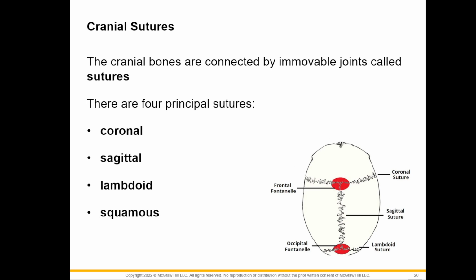Now, yung convergence of the different sutures, we call that fontanelle. So, where the coronal suture meets the sagittal suture, you call that the frontal fontanelle. And where the lambdoid suture meets the sagittal suture, you call that the occipital fontanelle.